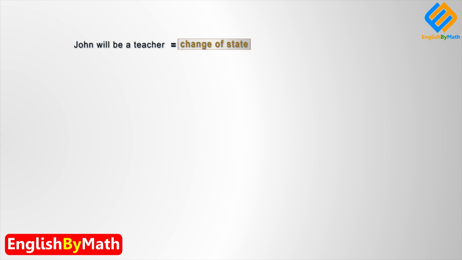For the change to happen, John has to be alive. So there is no room for change by termination. The future allows for change of state only. John will be a teacher, future, change of state only.